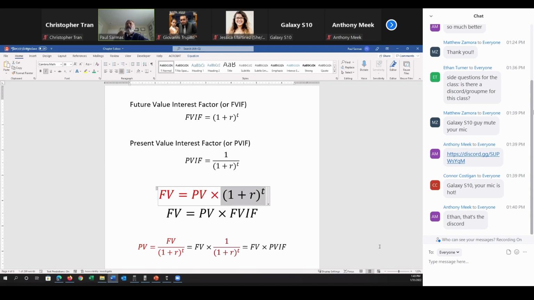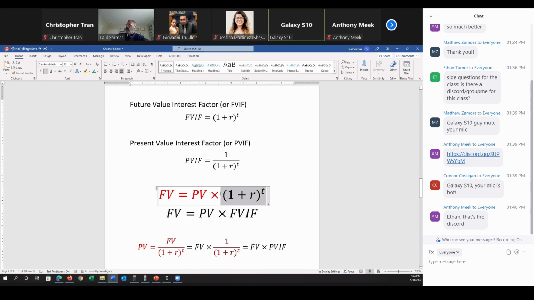It's called future value interest factor, FVIF. FVIF is equal to (1 plus R) to the power T, because you're calculating future value.